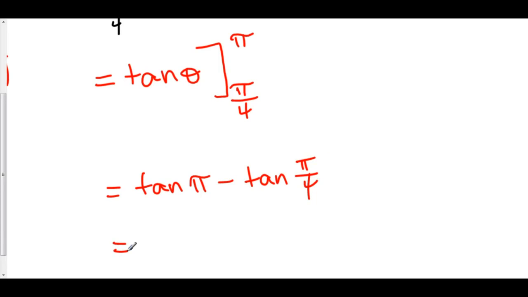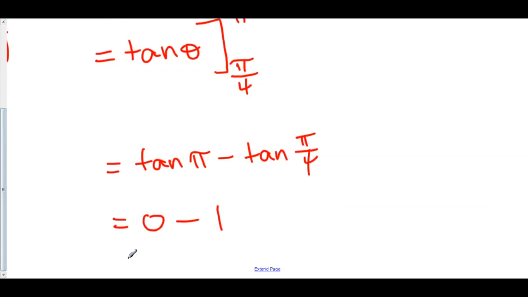Sine of pi is 0, cosine of pi is -1. 0 over -1 gives us 0, minus tangent of pi over 4 is 1, because sine of pi over 4 is root 2 over 2, and cosine of pi over 4 is root 2 over 2, and root 2 over 2 over root 2 over 2 is 1. So 0 minus 1 is equal to -1. And that is the answer for this particular problem. I'll do one more.